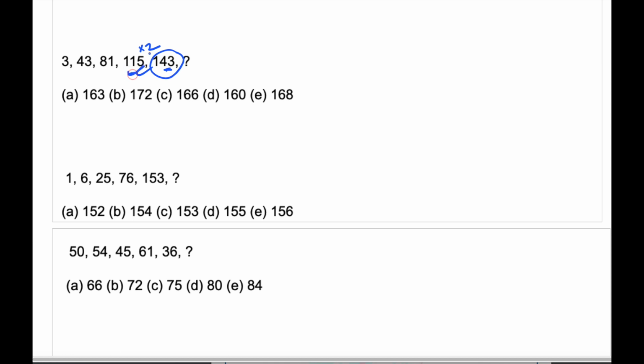So even if you multiply this one with 2, you are not getting 143. So this is not a question of multiplication. From here we can understand that this is not a question of multiplication. Meaning even if you multiply this by 2, you won't get this; you will get a much higher value. So it is not a multiplication question, it is a difference question. So let's find out the difference. 43 minus 3 is 40.